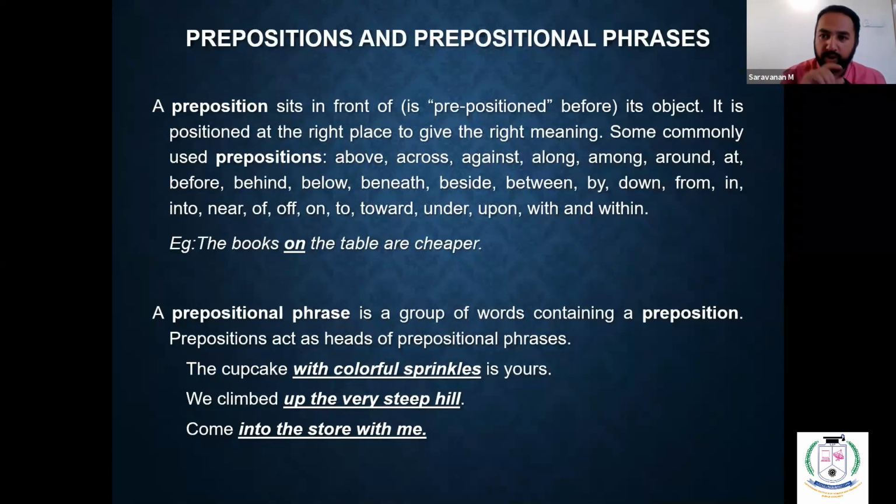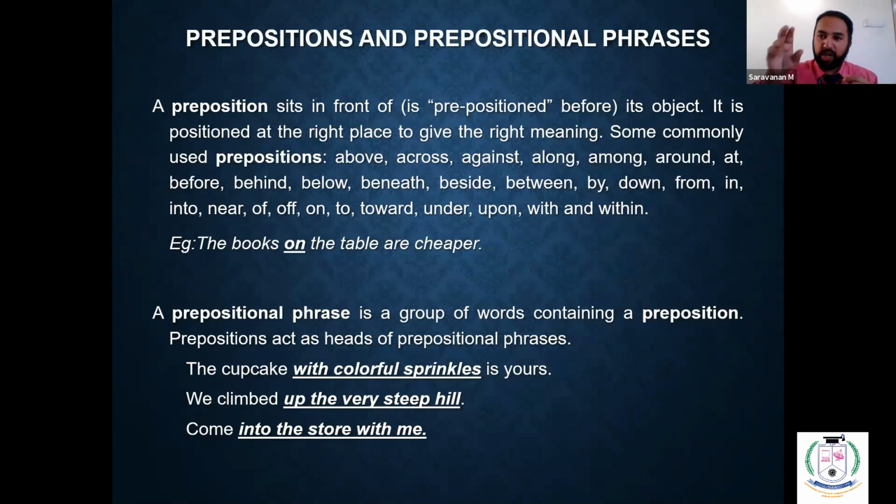The book is on. So the word on is the one that connects all the three: subject, verb, and object. Book is the subject, is is the verb, and table is the object. How are all these three connected? Book is table doesn't give any meaning. Book is on the table.